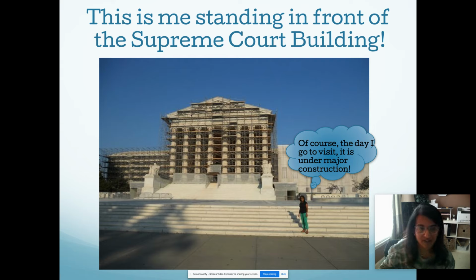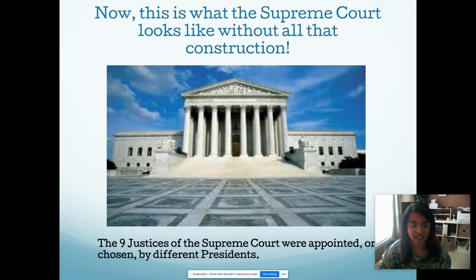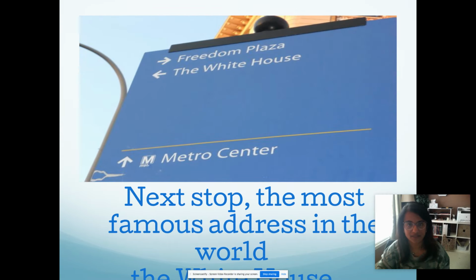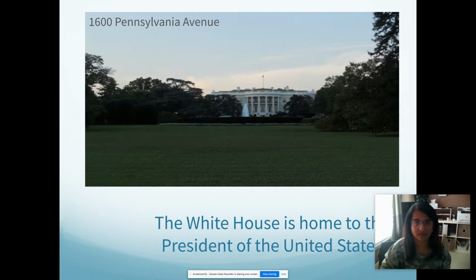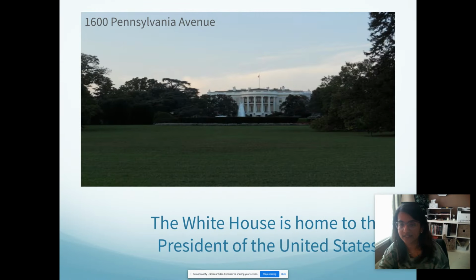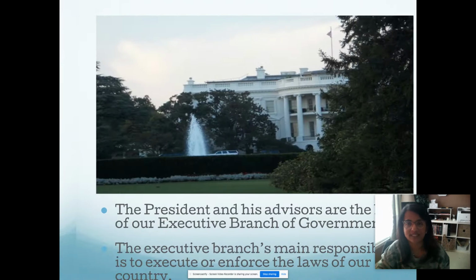And so all of that you see is scaffolding that they had construction on. But obviously, that's what it would look like without it. So I just wanted to show you that. And then my next stop was the most famous address in the entire world, 1600 Pennsylvania Avenue. That is the White House. It's home to the President of the United States.